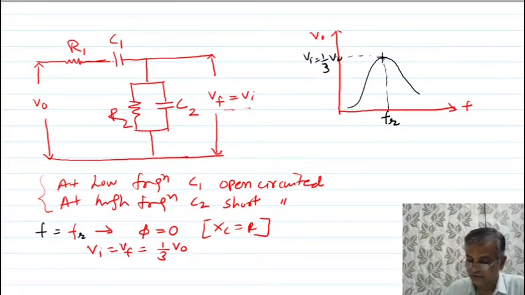At that time Xc is equal to R, and the phase at this frequency is 0. So this bridge will select the frequency Fr, for which you will get the output, and there is a 0 phase shift between Vo and Vi.